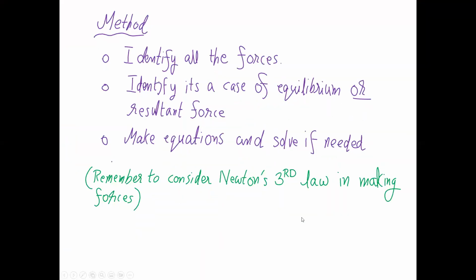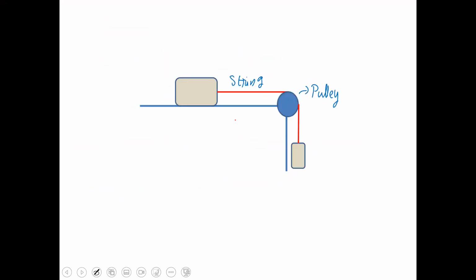You have to identify all the forces. Identify whether it's a case of equilibrium or resultant force. Then make equations and solve if needed. Solution of the equation is not always needed.